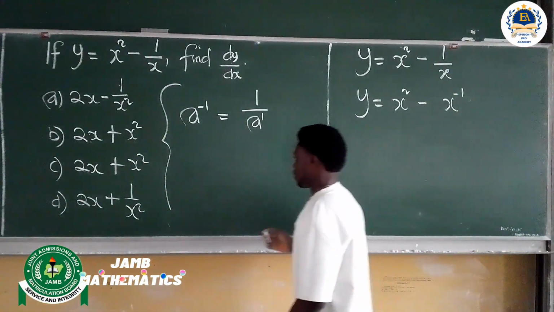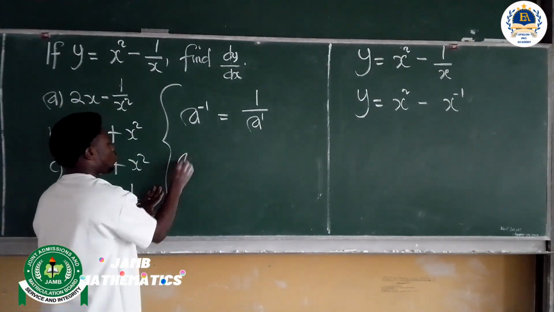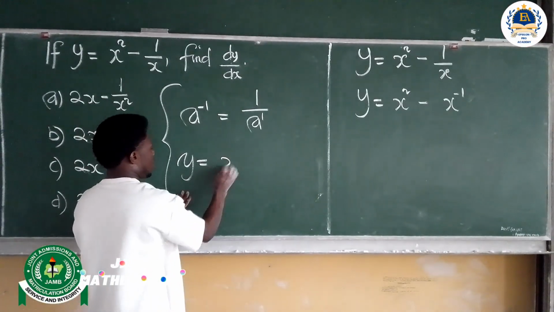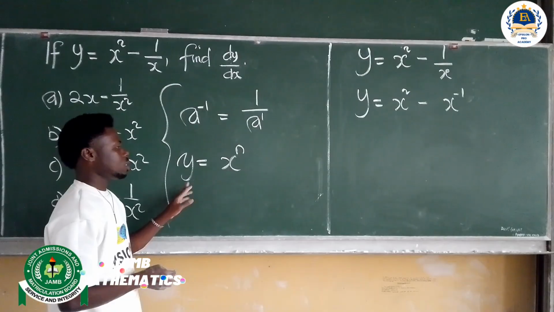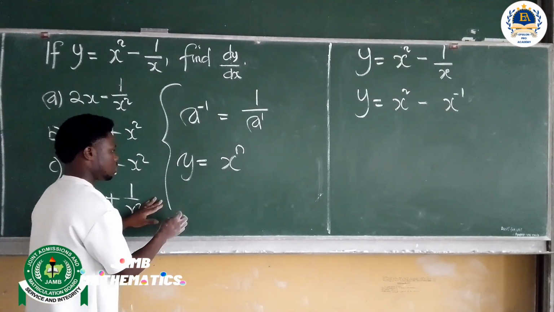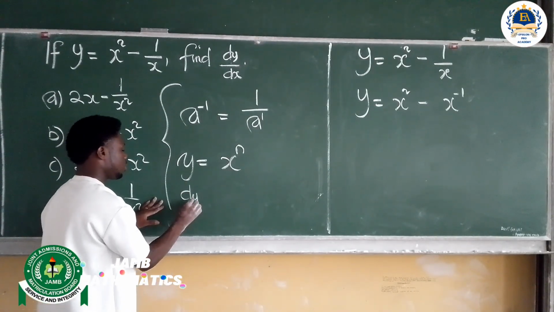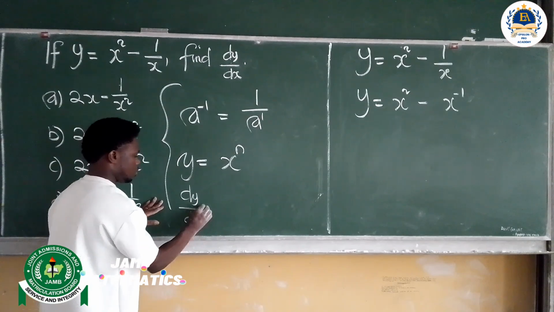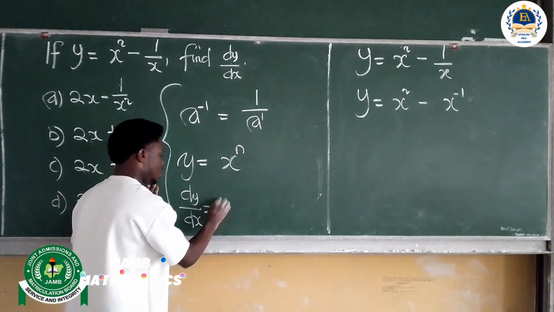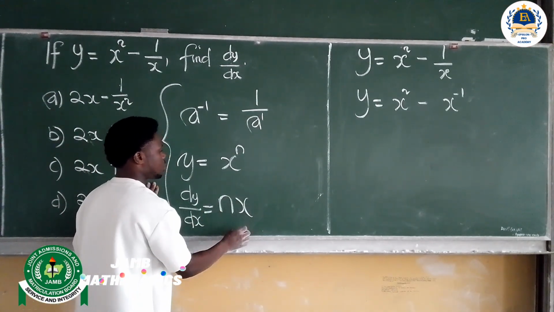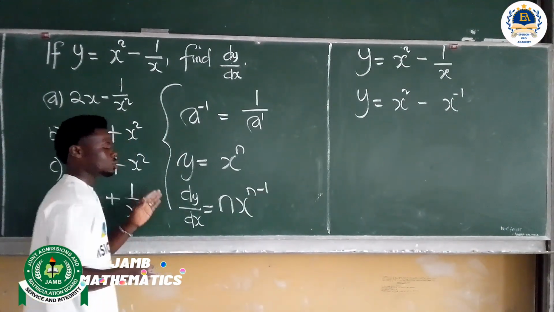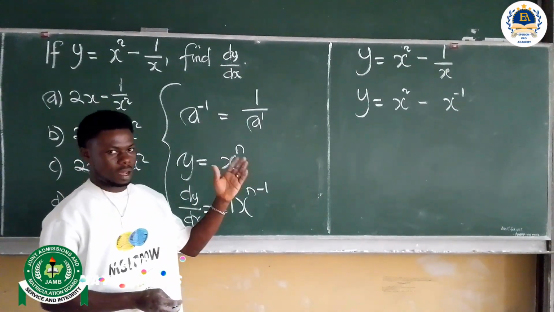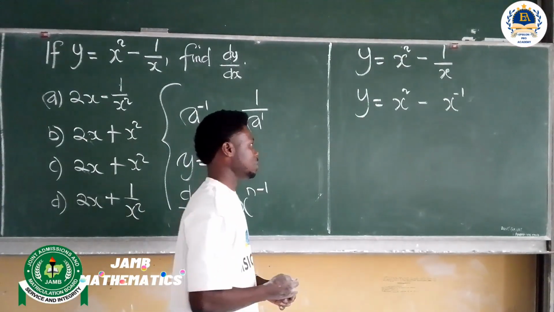Applying this principle, if y is equal to x raised to the power of n, then the derivative of y with respect to x, which is dy over dx, will equal n x raised to the power of n minus 1. We are going to apply this to the second and the first term on the board respectively.